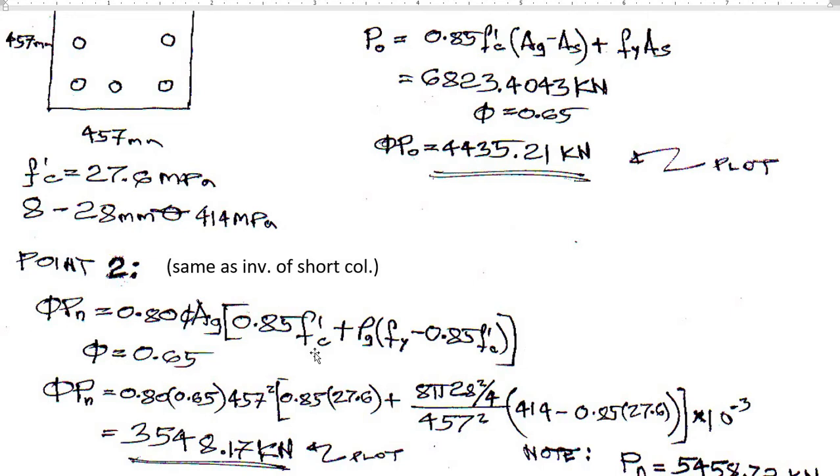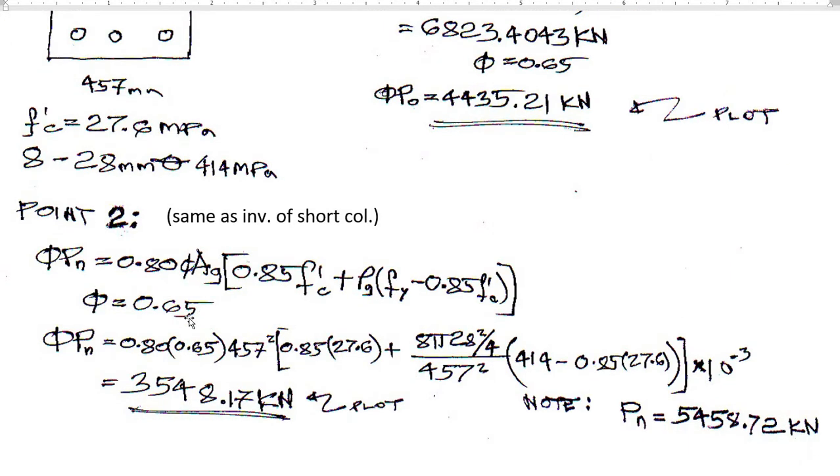This is the equation for point 2's 0.8 times P times area gross. Notice na this is 0.8. Kapag round column, I think this is 0.7. Now, your rho G here, that is simply your steel ratio, that is AS all over area gross. Okay?